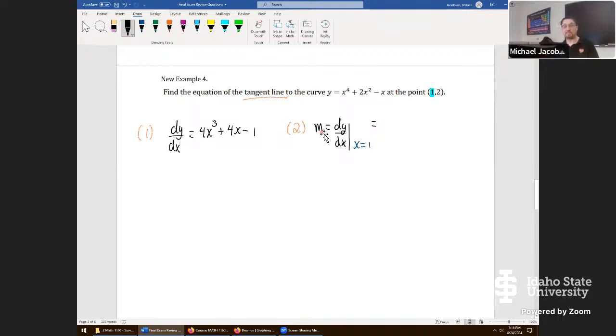So that's the purpose of this problem in a certain sense. Plug 1 inside this derivative, and we'll get 4 times 1 cubed plus 4 times 1 minus 1. That's just a glorified 4 plus 4 minus 1. And that means we're getting a slope of altogether 7.